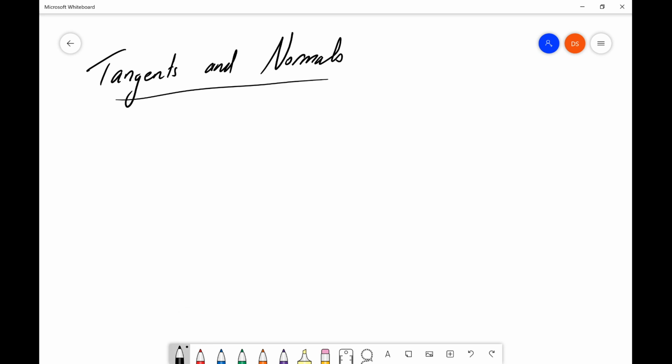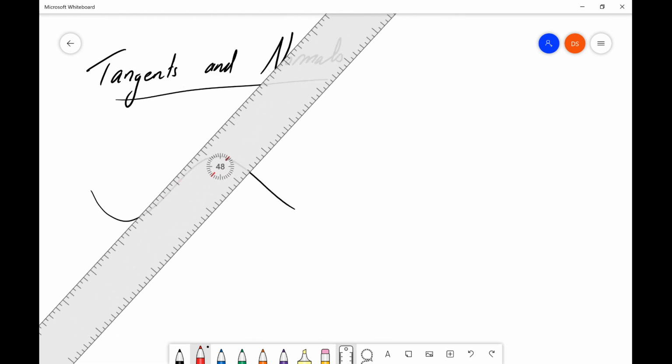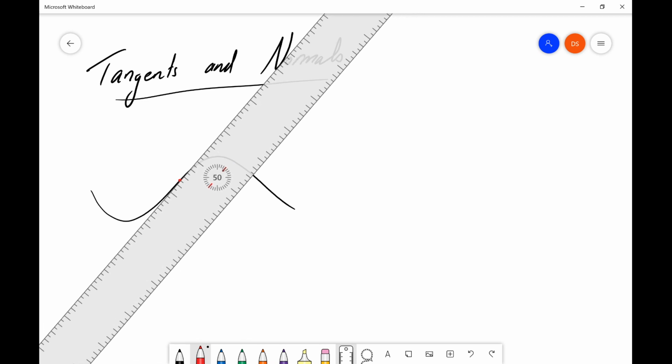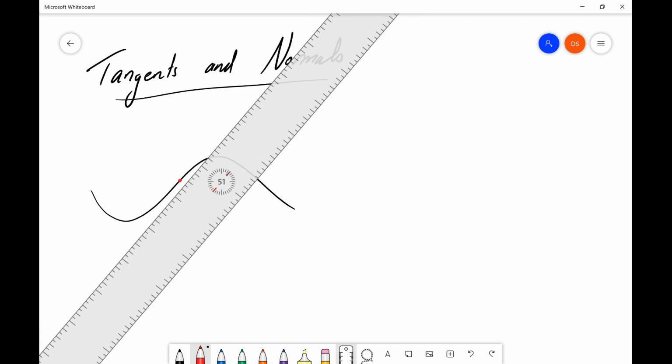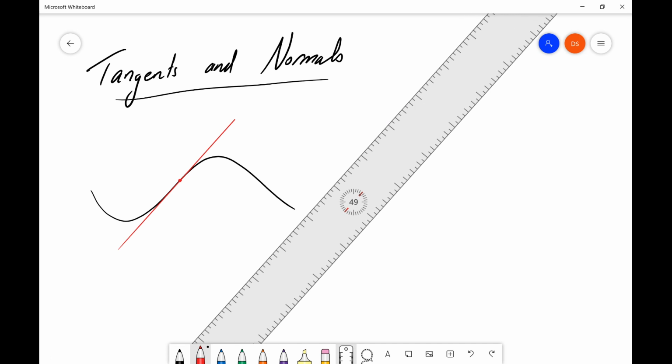Suppose I give you a curve. At any given point, we can draw a tangent, so a line that has the same gradient. So a tangent has the same gradient as the point at that line. So that is a tangent line through that point.